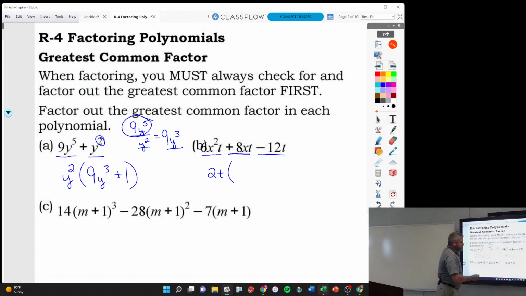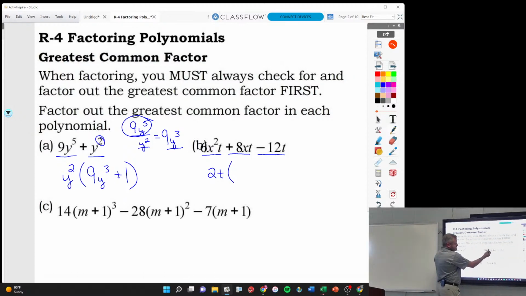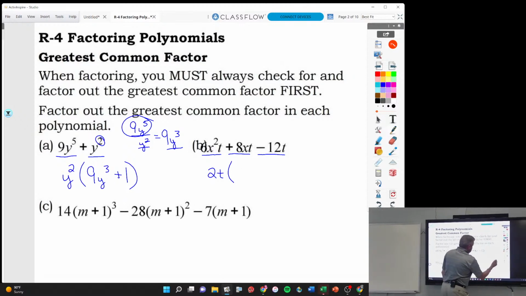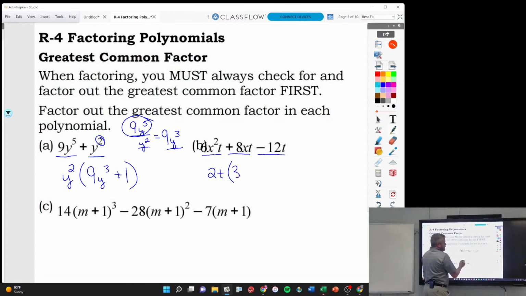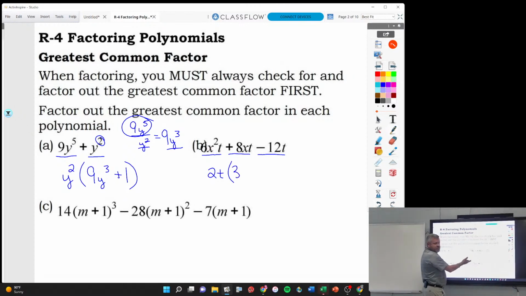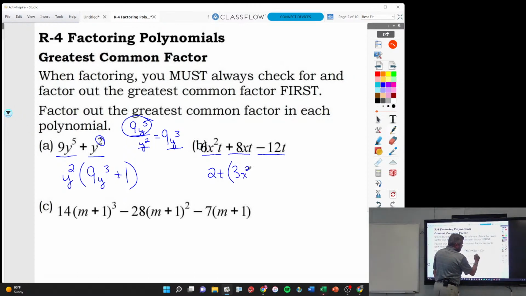So we'll do this one term at a time. Let's look at that first term. 6x squared t divided by 2t. Well, 6 divided by 2 is 3. X squared divided by, well, there's no x squared down there, so it's just x squared divided by 1, which is x squared.